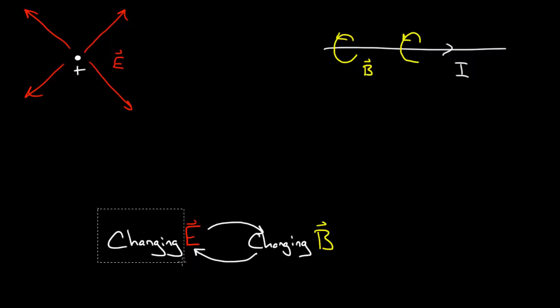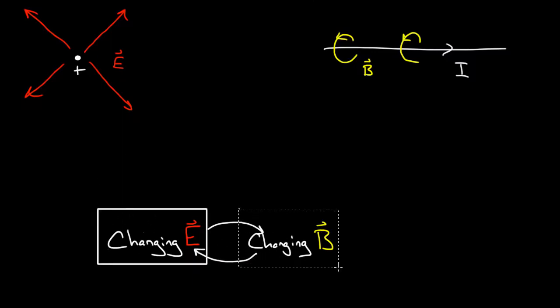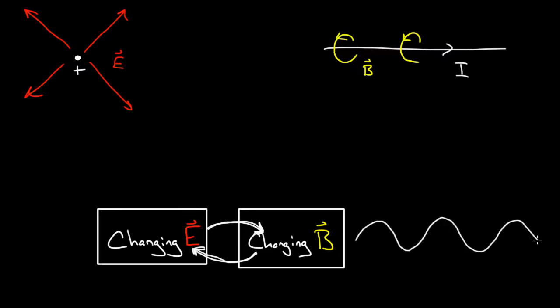And a very clever Scottish physicist named James Clerk Maxwell realized, hold on, if this is true, if a changing electric field can create a changing magnetic field, then a changing magnetic field could in turn create a changing electric field, which could in turn create a changing magnetic field, and you can set up some sort of chain reaction here that can propagate like a wave, and you would get a wave of electric and magnetic fields that can travel outward and have sort of an independent existence now from whatever parent current or parent charge created them.